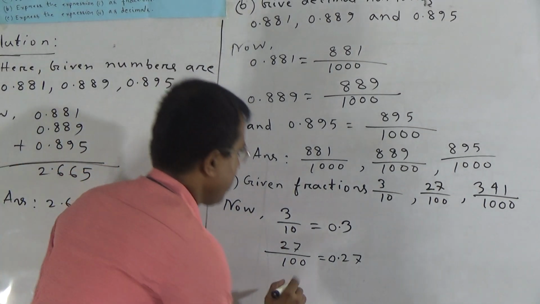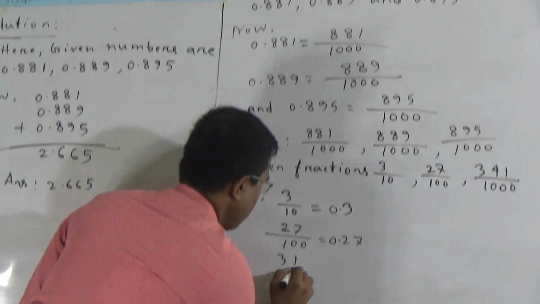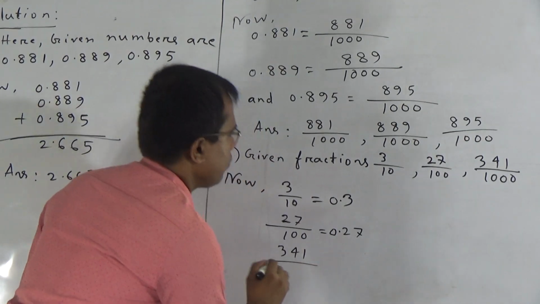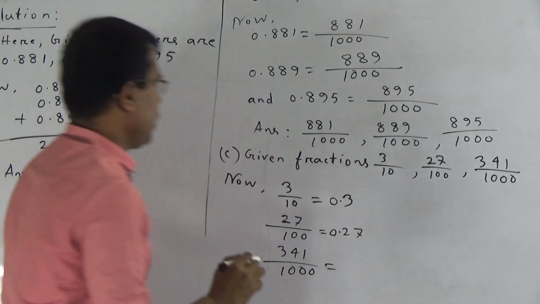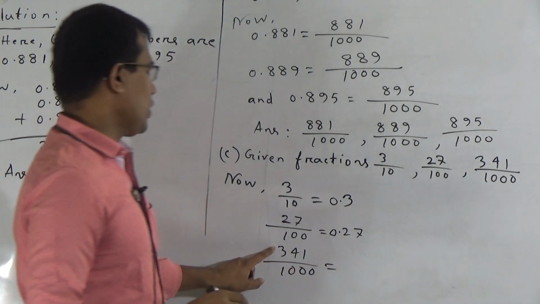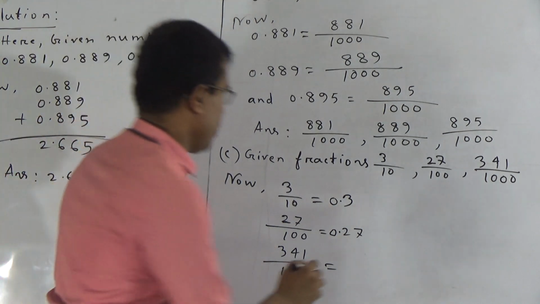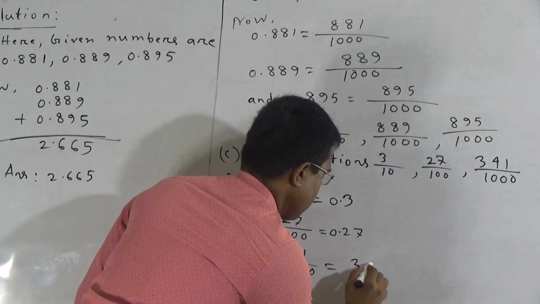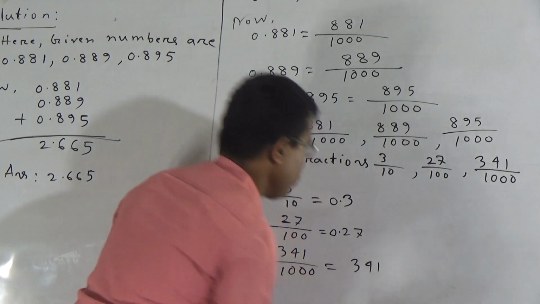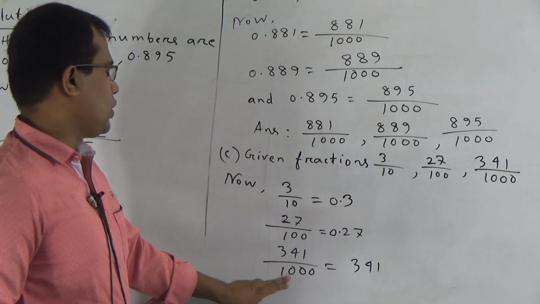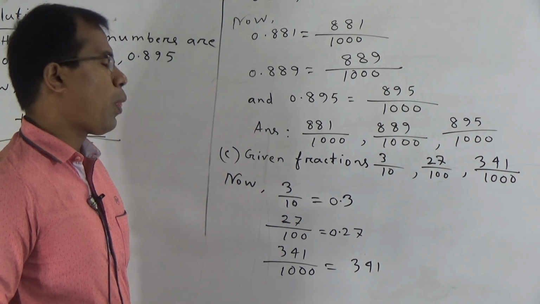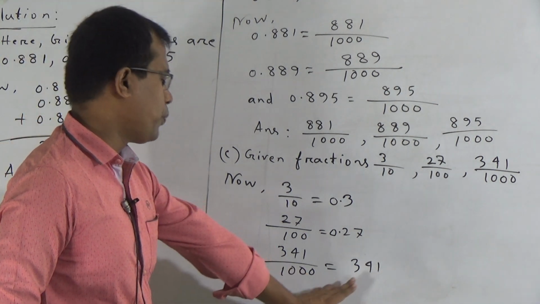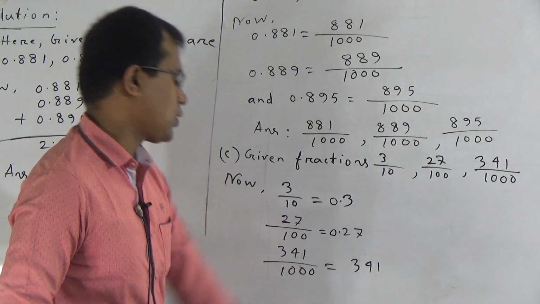Now the last number is 341 divided by 1000. Here the numerator is 341, so at first you have to write 341. Now we have to put the decimal sign. In the denominator, after 1 here 3 zeros exist, so we have to give the decimal sign before 3 places from the first place.